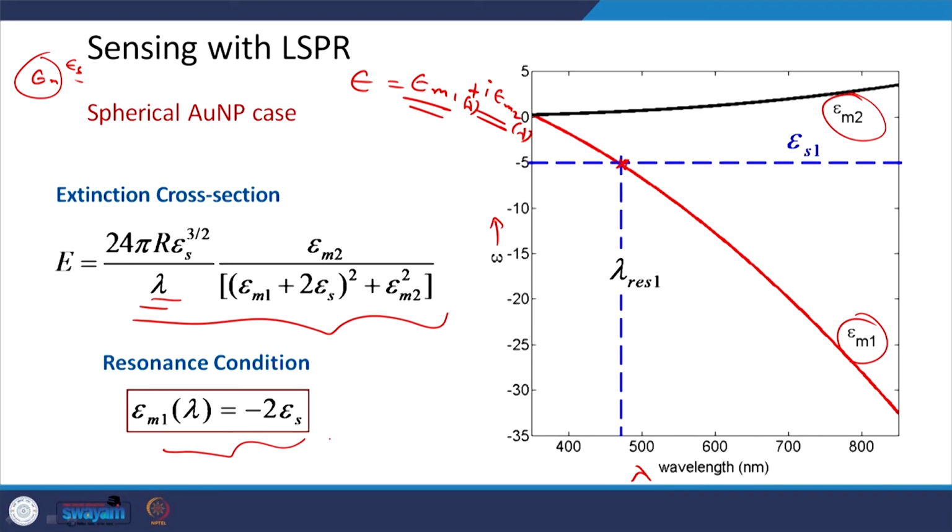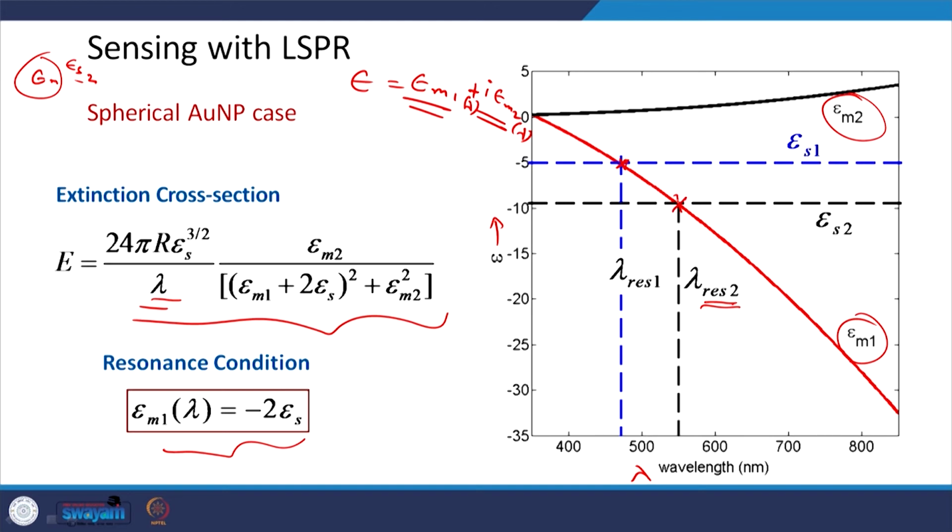Now, you change the dielectric function, say suppose it was water, then you added sugar to it. So, it becomes epsilon s1 to epsilon s2. Now, you have to satisfy it at lambda resonance 2, only there it will be intersecting with this curve.